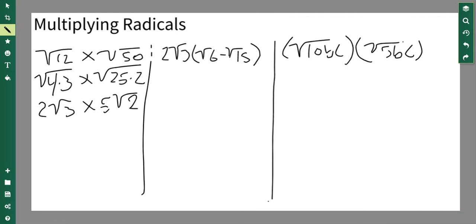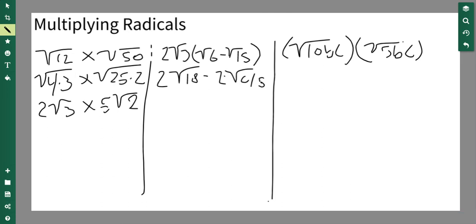So 2 square root 3 times square root 6 is equal to 2 square root 18, and then minus 2 square root 3 times square root 15 is equal to 2 square root 45.